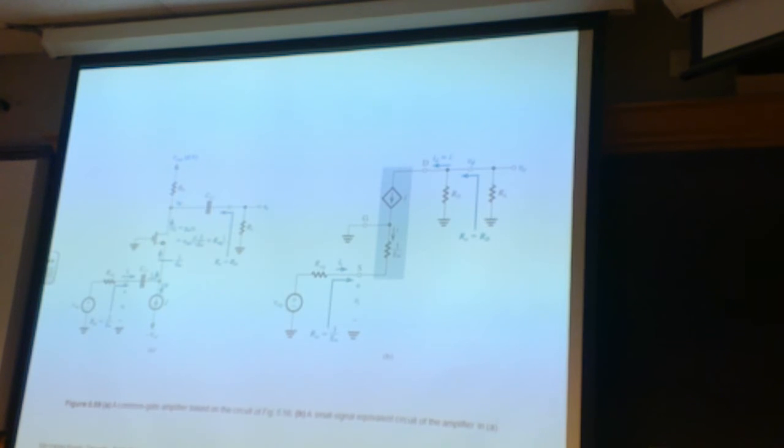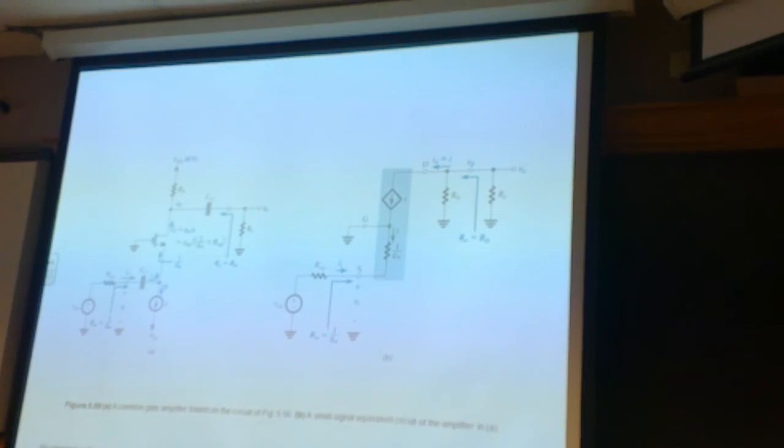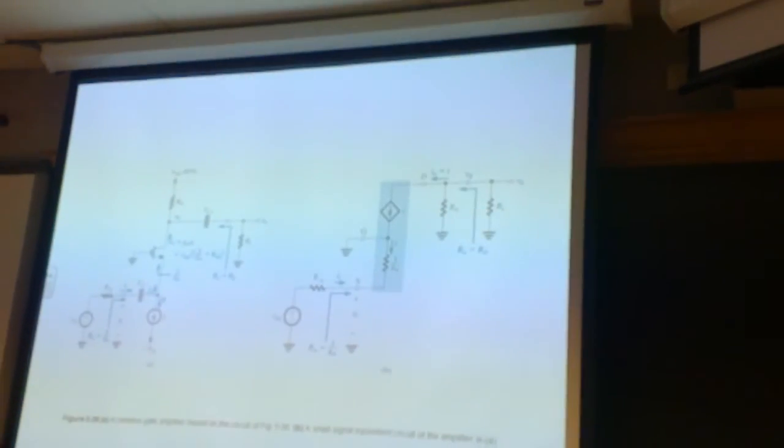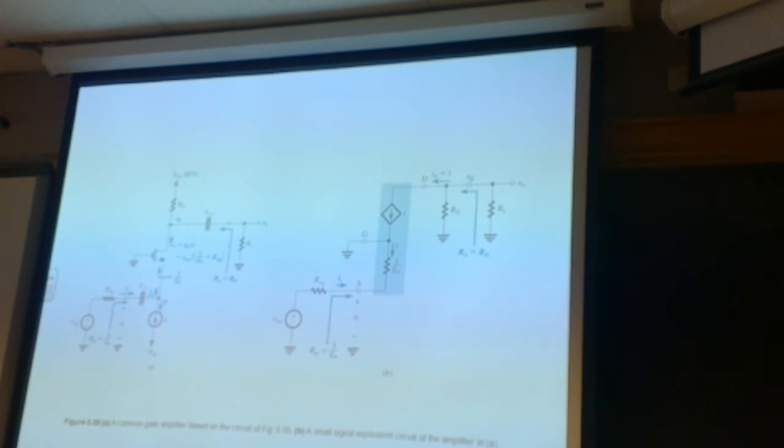Is that RD parallel RL? Don't guess. Is it RD parallel RL plus 1 over gm, divided by gm? If you're not doing it right now, you're not going to be able to do it in the exam. I guarantee it.